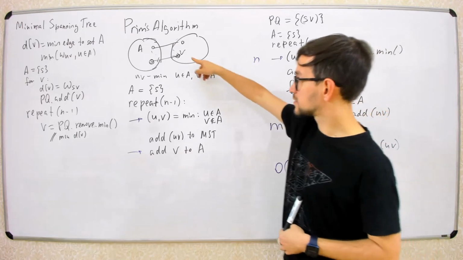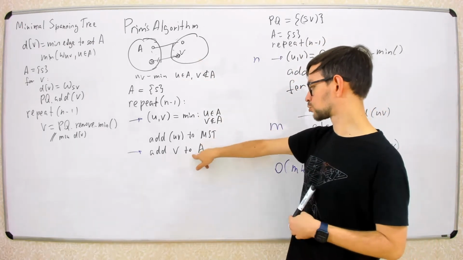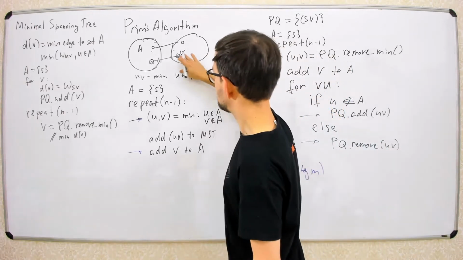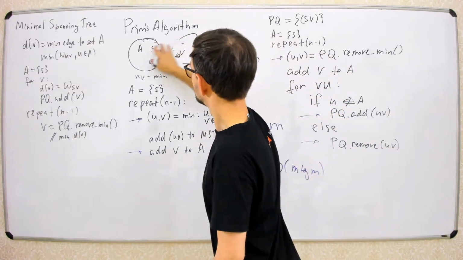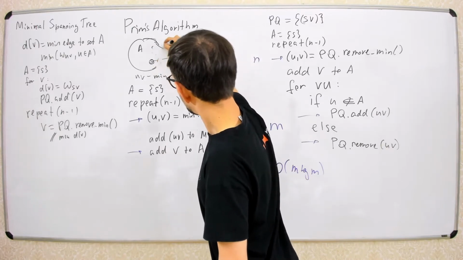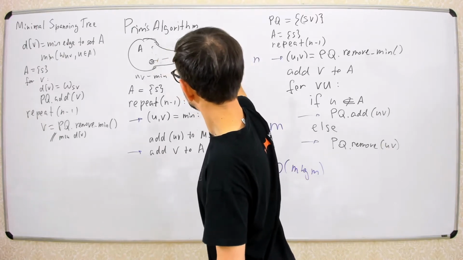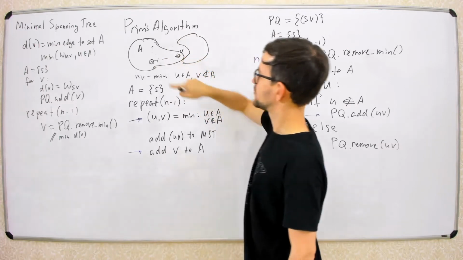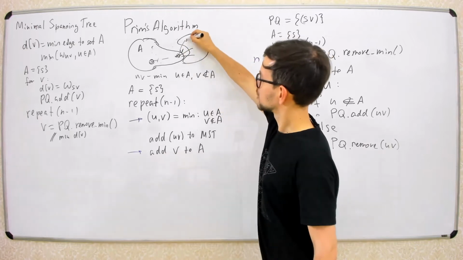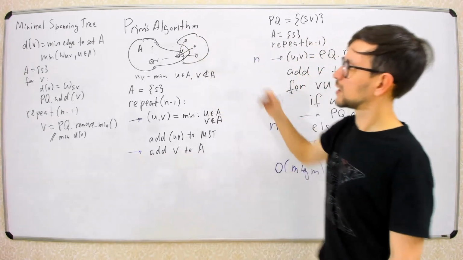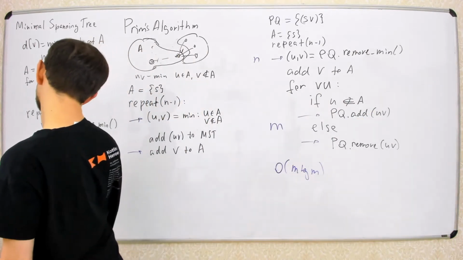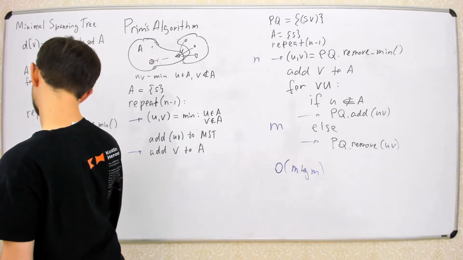Now, I find this node V. I need to move it to set A and modify the data structure. So how to modify the data structure? Again, if I move this node V to set A, okay, this picture is ruined. So when I move this V to set A, I need to look at all edges from this node V. So let's write all edges. For all edges VU.